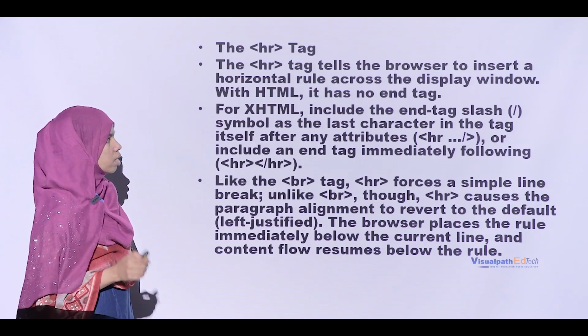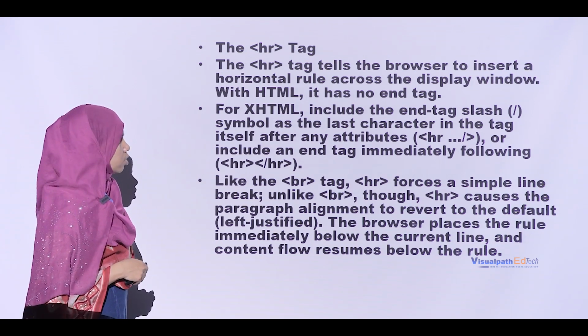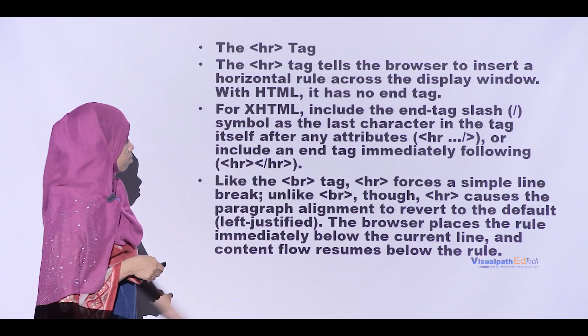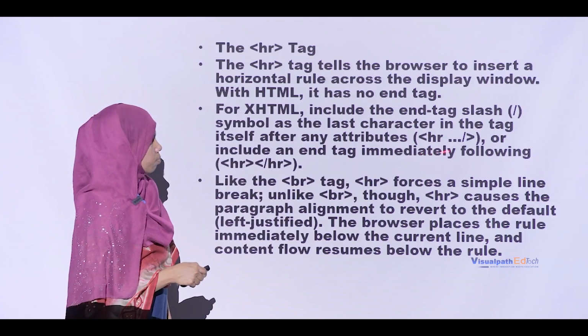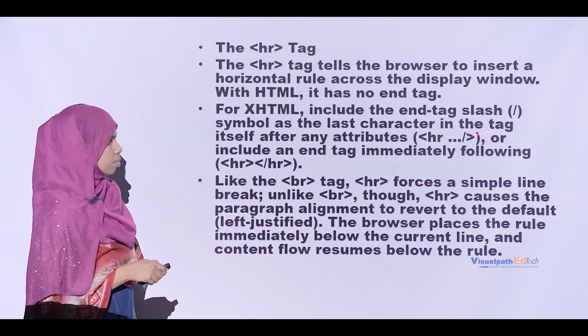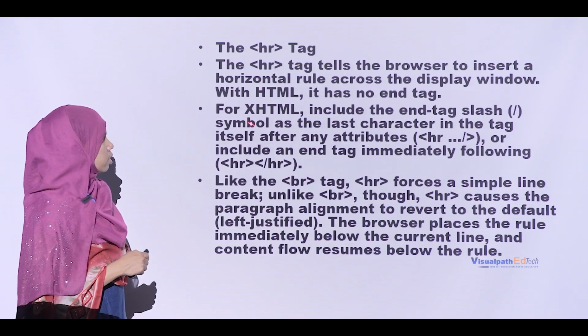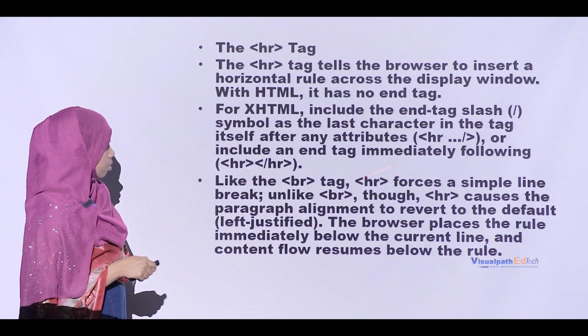It will be standing alone on its own. But for XHTML, it includes the end tag with a slash. If you see here, this will be the last character of the closing. If you want to use it in XHTML, you will be defining the HR tag in this way.